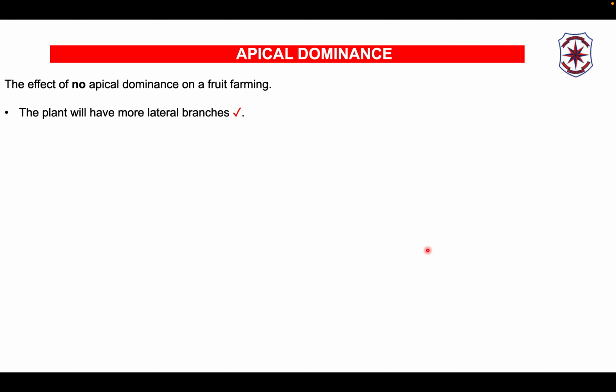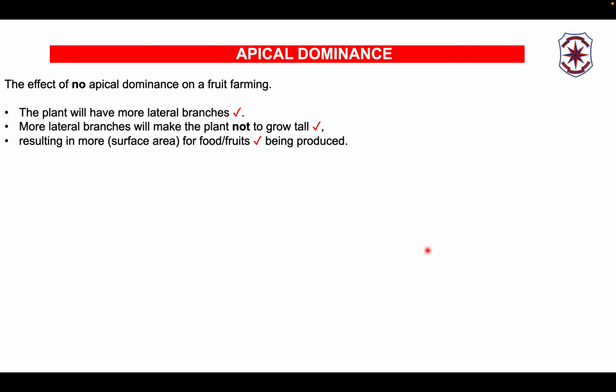The first thing, the plant will grow more lateral branches, 1 mark. More lateral branches will make the plant not grow tall, 1 mark, resulting in more surface area. So the more branches you have, the more surface area you have to grow fruits. So the more lateral branches, the more fruits that plant will potentially be able to bear.